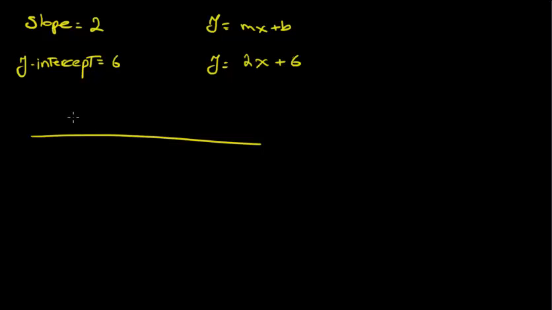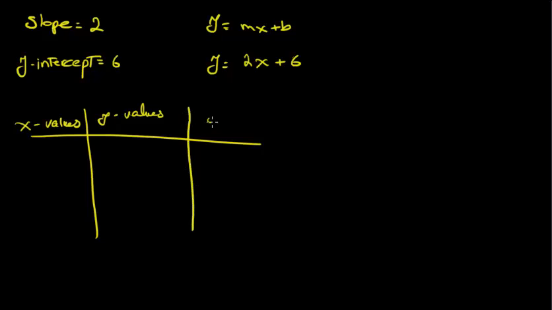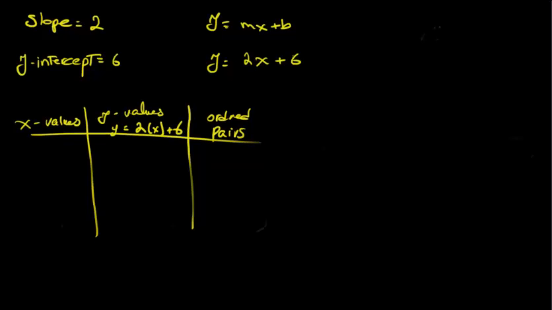Let's say we have x values, y values, and this is going to be our ordered pairs. Our y value is going to be 2 times x plus 6.